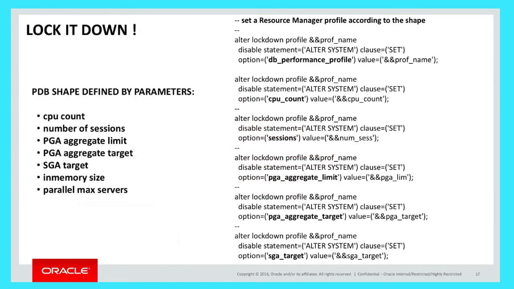So we are imposing a specific shape of that PDB, in this case a small, where we are imposing a CPU count equals 2, the number of sessions that we deem are correct for a CPU count of 2, and then the associated PGA and SGA settings necessary for that service for that PDB shape.